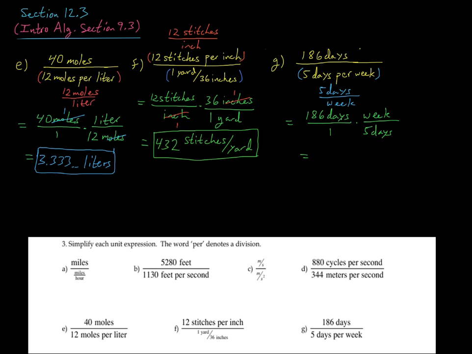And so the units of days will drop out, and 186 divided by 5 is 37.2. The units there would be weeks. All right, great. Well, that's going to do it for this problem and for section 12.3. All right, I'll see you next time.